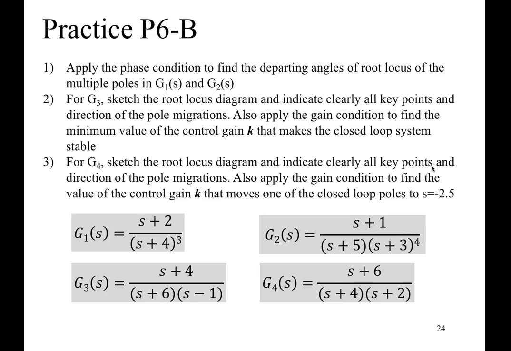But I actually pointed out different scenarios anyway, so you might as well just analyze where the poles are, analyze where the open loop zeros are, and then make a decision which scenario it actually fits into, and apply that scenario accordingly. Okay, thank you.